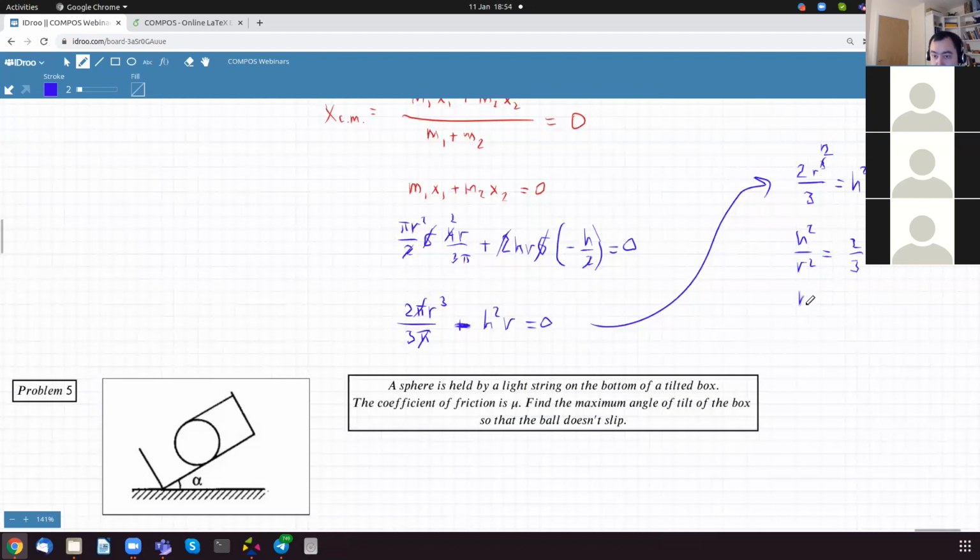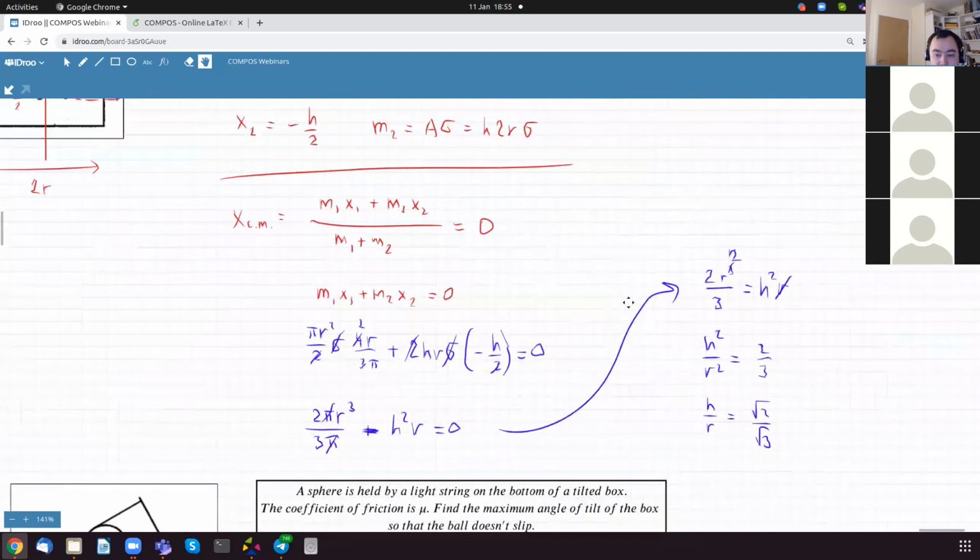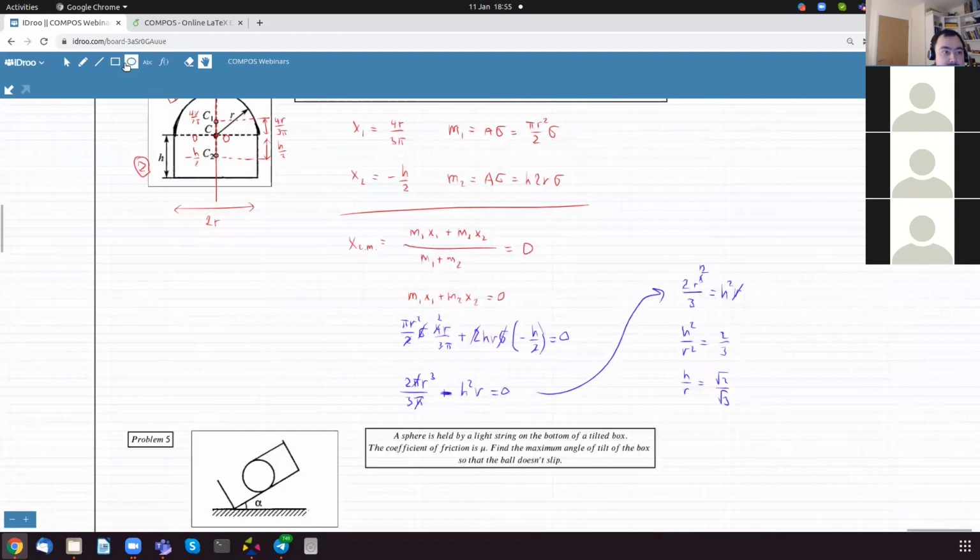Okay, h over r is equal to square root of 2 over square root of 3. Okay. Yep, that's about it. That's the answer.